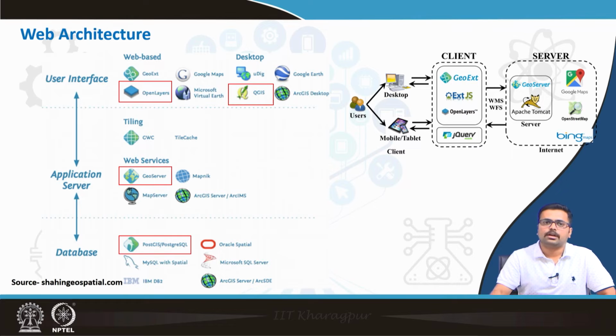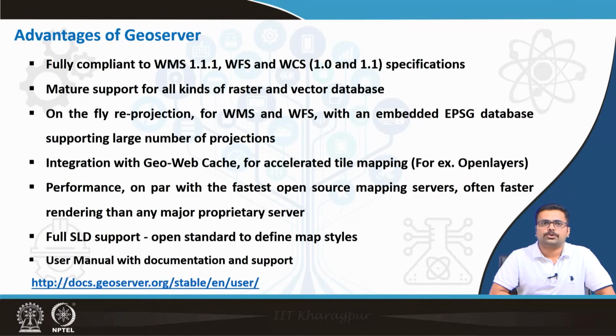But here I have highlighted what are the open source or openly available, which is available for free, those kinds of user interface, application server and database. So if we look at the advantages of GeoServer, it is fully compliant with WMS 1.1.1 and WFS and WCS 1.0 and 1.1 specifications, and it has mature support for all kinds of raster and vector data.